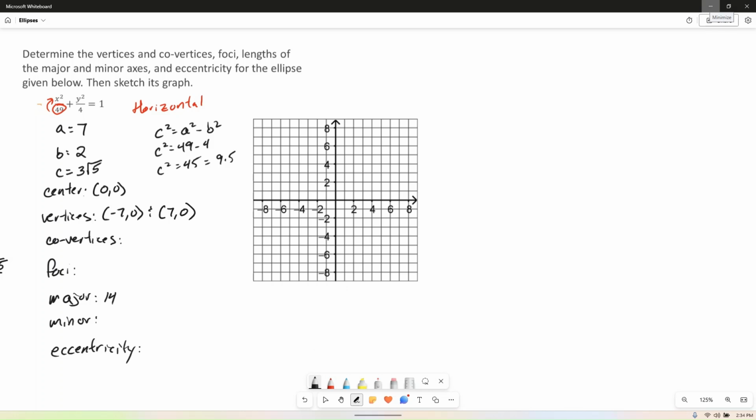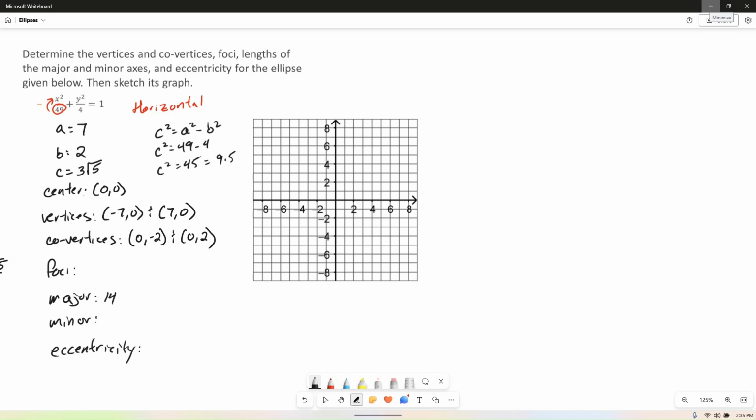That also means the co-vertices are perpendicular to that, so they're vertical, and they're based off of the B value. From the center at the origin, we have (0, -2) and (0, 2). Those are the co-vertices.